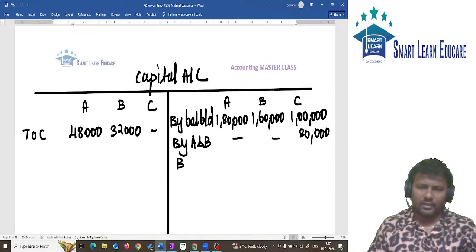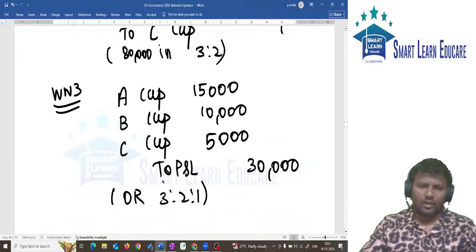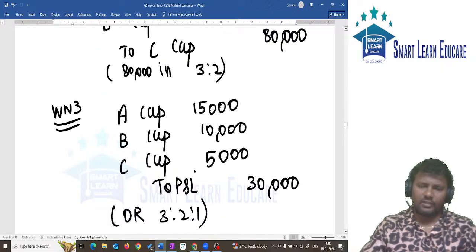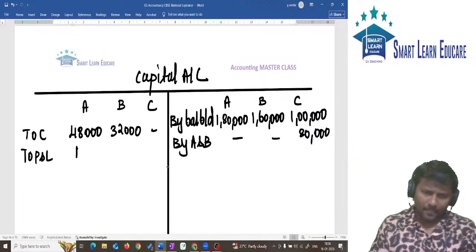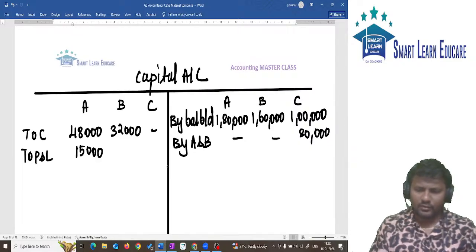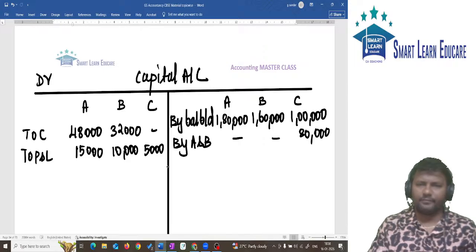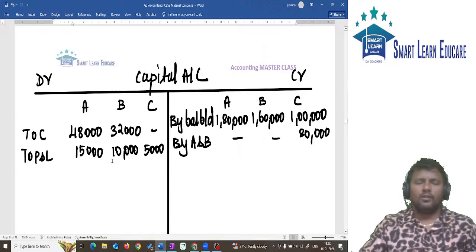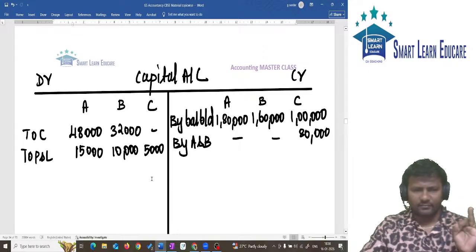There is no reserve in the sum, but P and L is there. So P and L. How much is the amount of P and L? 15,000, 10,000 and 5,000. So P and L is also written, goodwill written.